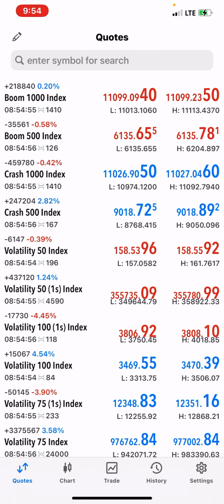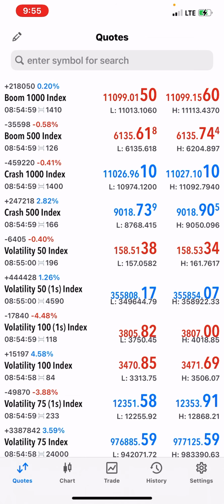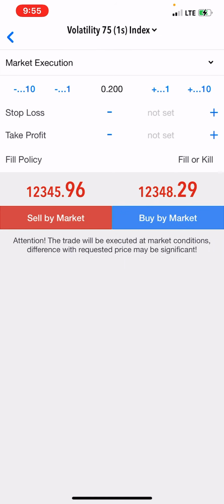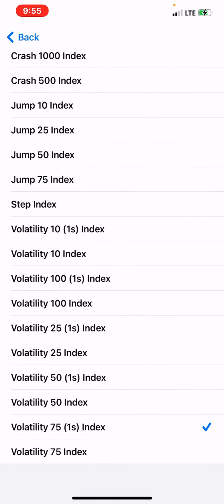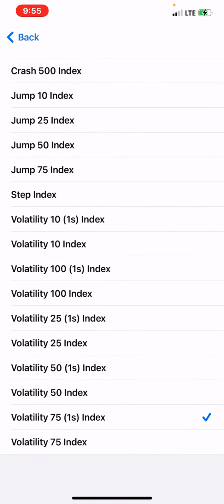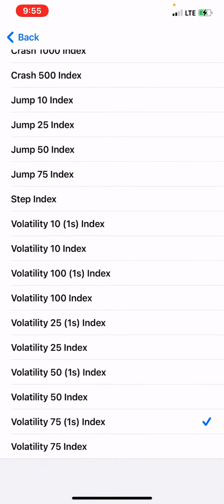So this is how you do it. Whether you are using Android or iOS, you just go to the trade section. You go to the plus button you see up there and click on it. You will see where you are asked to input the lot size. But before that, make sure you are already on the certain indices that you are asked to trade.